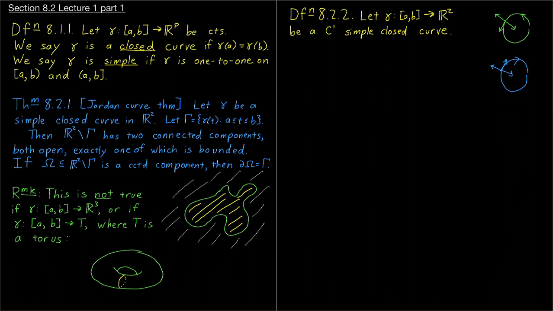Let omega be the bounded region promised to us by the Jordan curve theorem. That just means omega in R^2 is open, bounded, and the boundary of omega is the image of gamma.